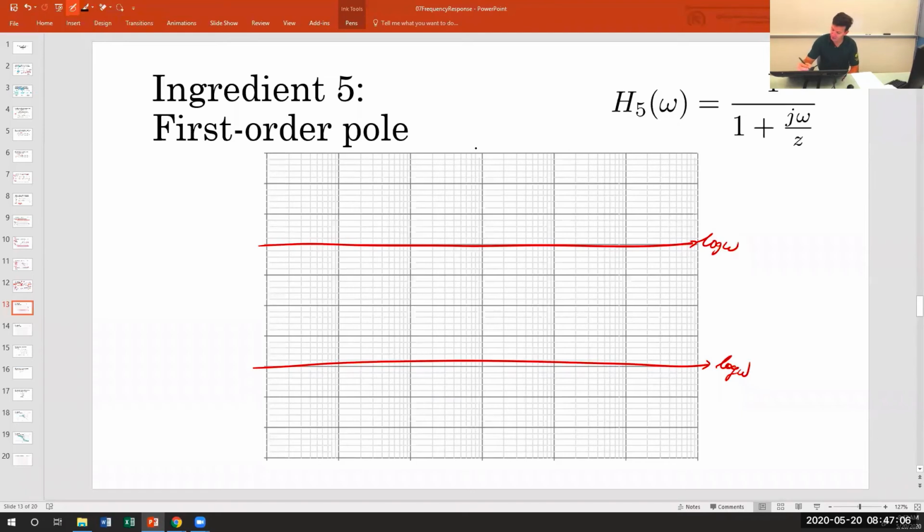And if the pole is at p radians per second, then the straight line approximation comes in here at 0 dBs and then leaves here at negative 20 dBs per decade. And the phase approximation comes in at 0 degrees and it leaves at high frequency at negative 90 degrees. And midway, it's at negative 45 degrees.